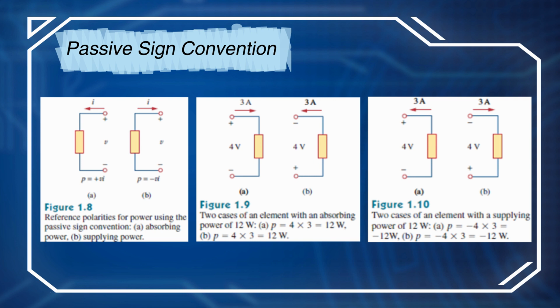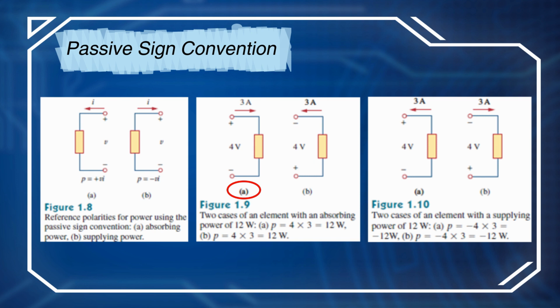For Figs 1.9 and 1.10, we can figure out what is absorbed power and what is supplied power. For Fig 1.9, in Fig A, the current of 3 amperes enters the element through the positive polarity of the voltage 4 volts.